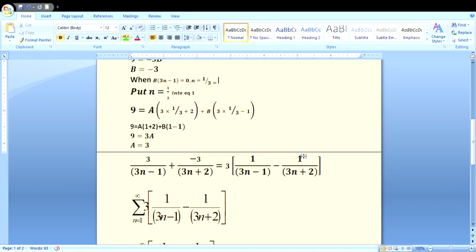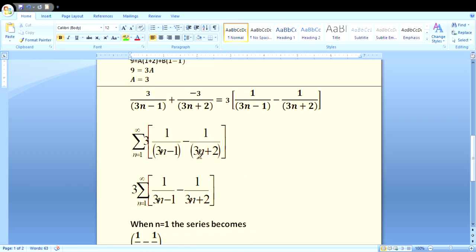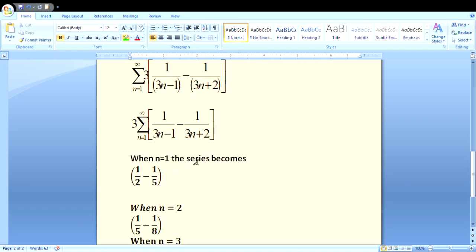Here we bring the sum and apply it. So this becomes, as n moves from 1 to infinity, 3 open brackets 1 over 3n minus 1 minus 1 over 3n plus 2. The 3 acts as a constant, so we factor it out so that the sum can easily be operated.